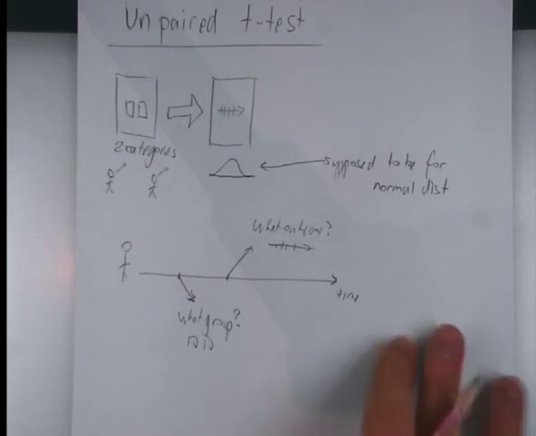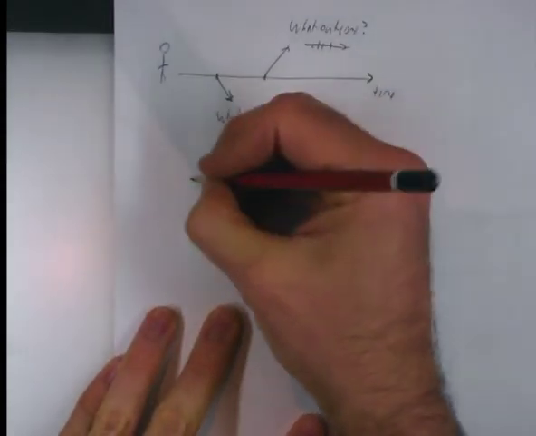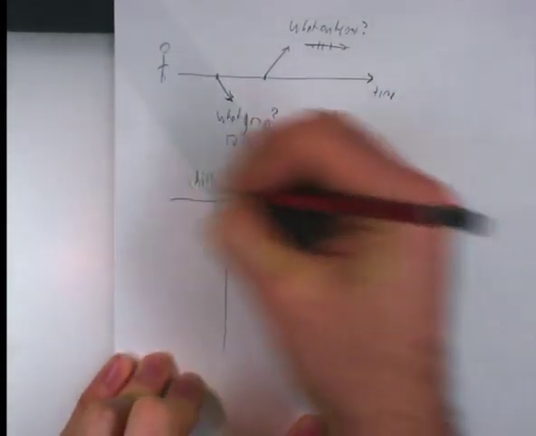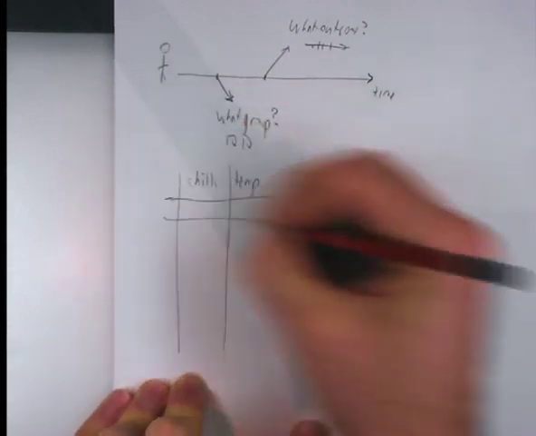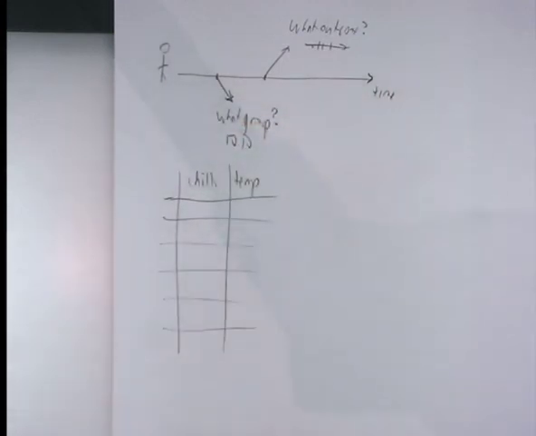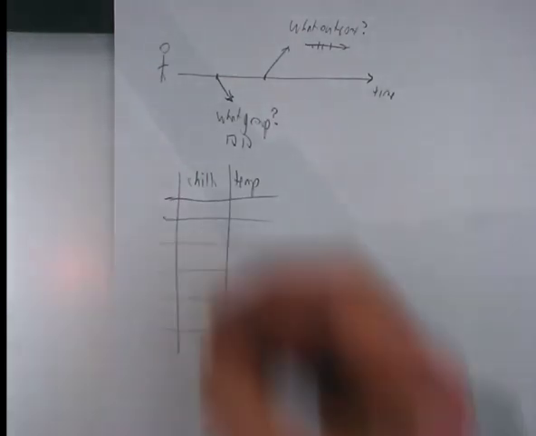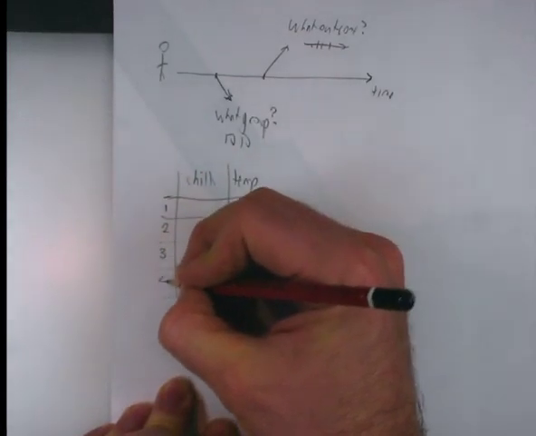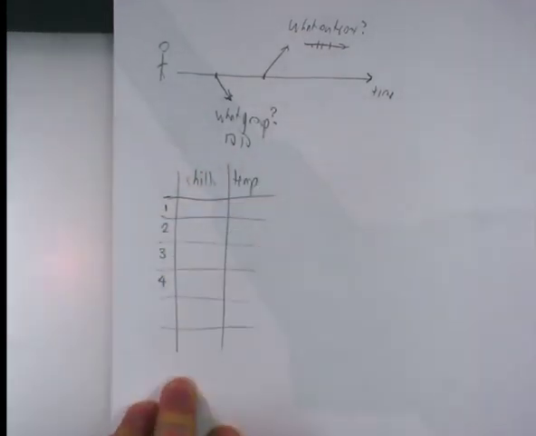So, right. The data is set up like this. Because all data is set up like this, and I'm going to do my chili and temperature example because it's what's on my notes, and I'm really not that creative. I used all my creativity to come up with the exam questions.